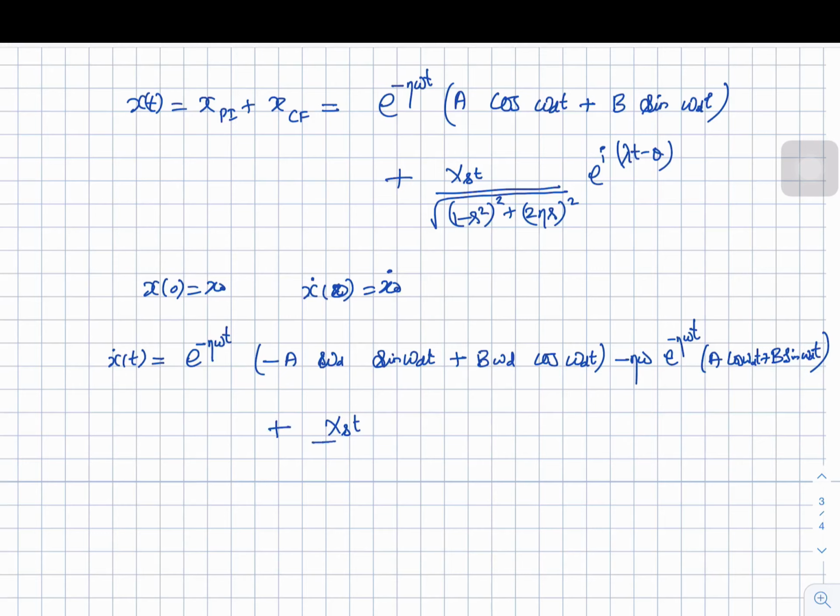So x_st divided by this dynamic amplification factor will not change, so therefore only lambda t will come.